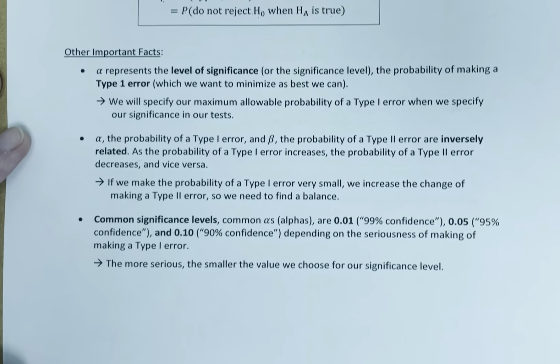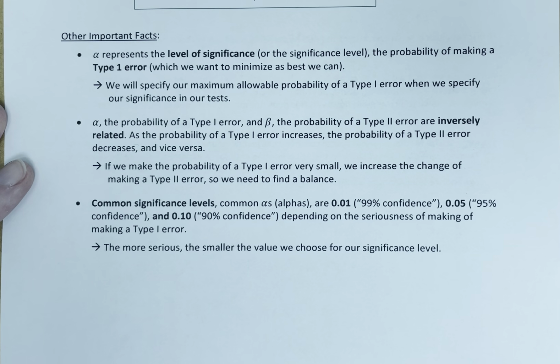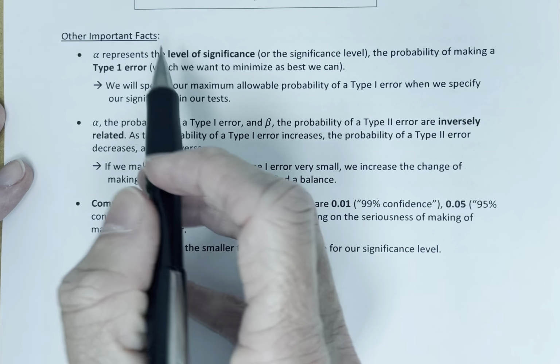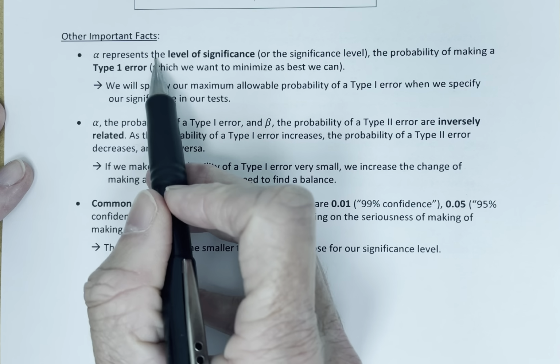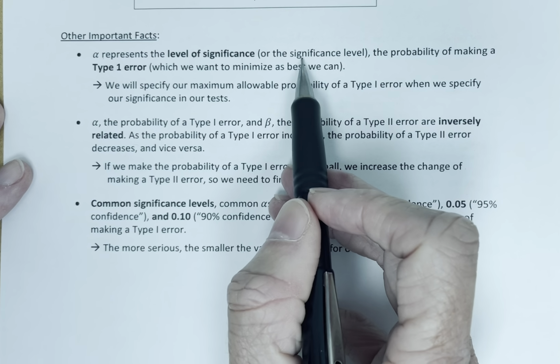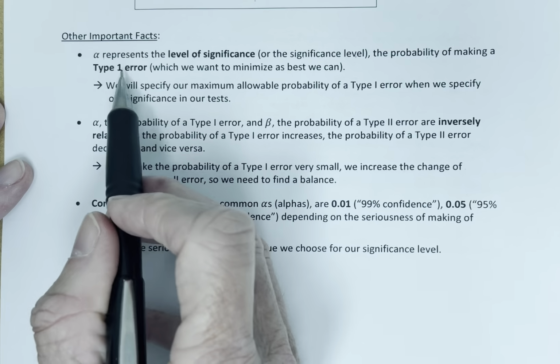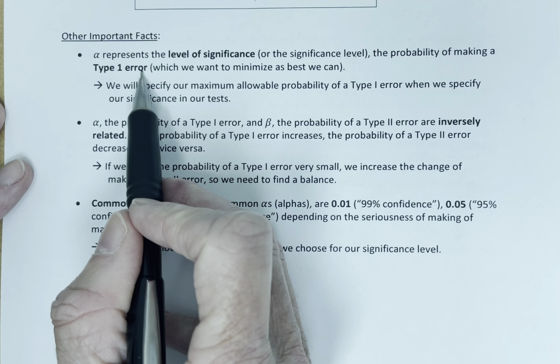Okay, some other important facts regarding the probability and these symbols and what this all means. Alpha represents what's called the level of significance, or the significance level, which is the probability of making a type 1 error.